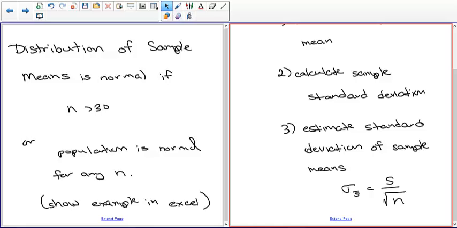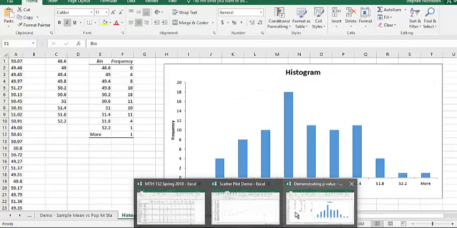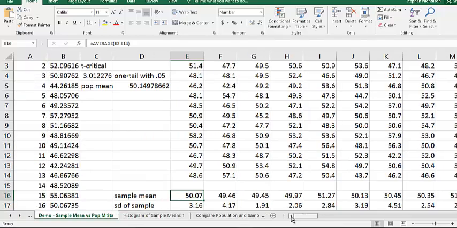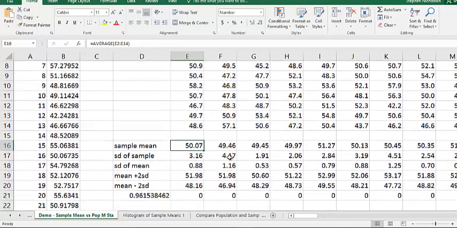So let me just show you that from my original data. The standard deviation of the population is about 3. If I look at the standard deviations of all these different samples that I generated, you've got 3, 4, 2, 2, 3. They're all around 3. Some are bigger than 3, some are less than 3.